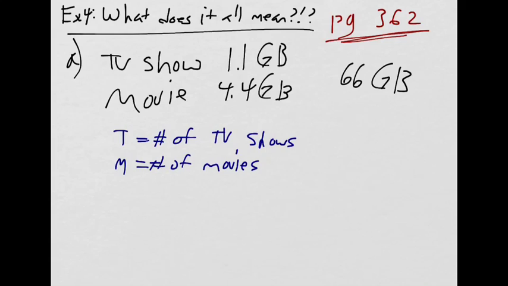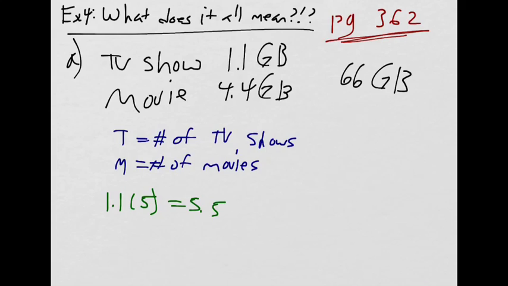If you think about how you would find the amount of memory taken up by TV shows, say for instance he had 5 TV shows, you would take the amount of memory per TV show, 1.1, and multiply it by the number of TV shows, right? You would essentially go 1.1 times 5 to find out the space of 5 TV shows. That would be 5.5 gigabytes, right?